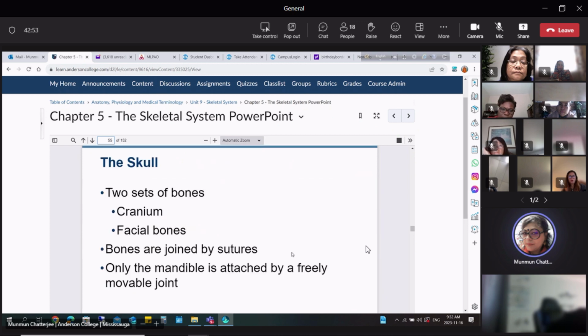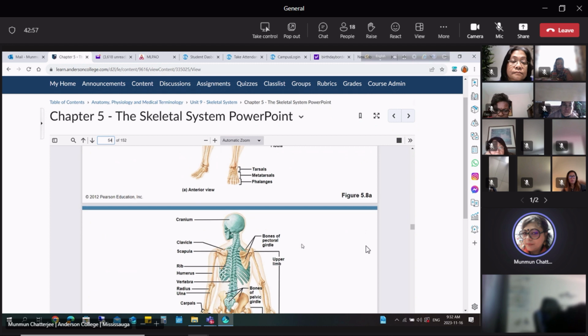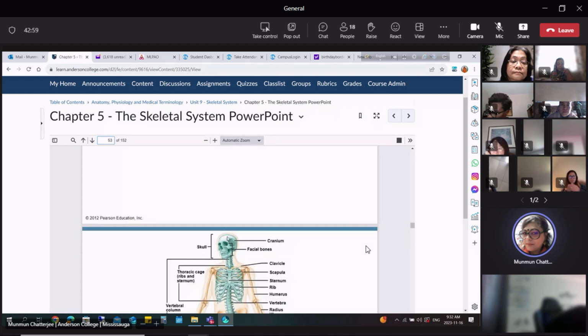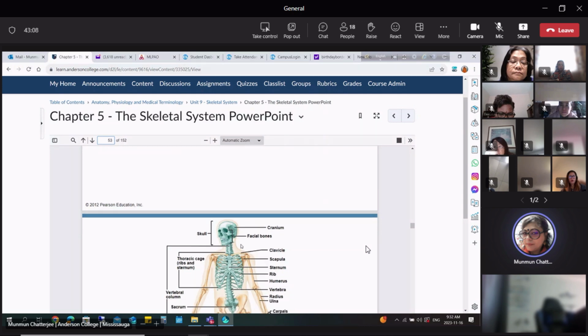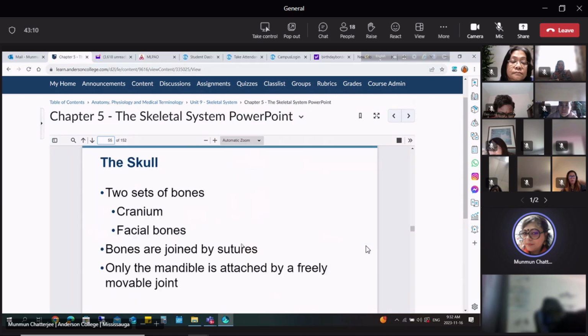Now the skull. What is the skull? Skull means not only this area, right? Skull includes the total face and your head bones. So that's why it is said the skull has two sets of bones, cranium and facial bones.